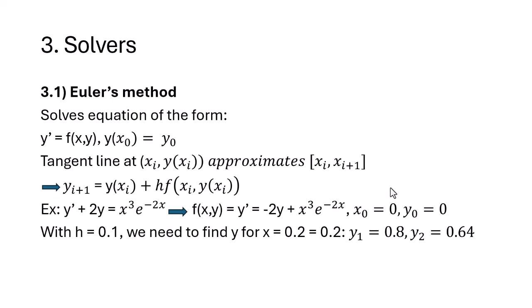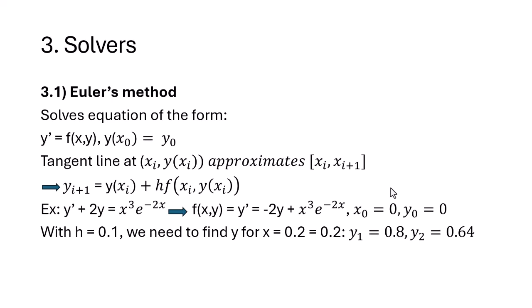So for example, we have the differential equation y prime plus 2y equals x cubed times exponential of negative 2x. So we're trying to write the equation in the form y prime equal f of x and y. So we have y prime equals negative 2y plus x cubed times exponential of negative 2x.